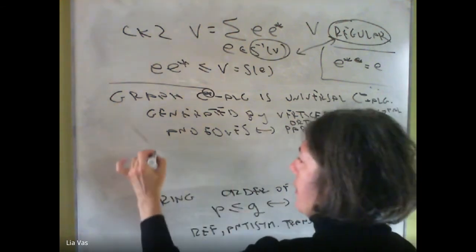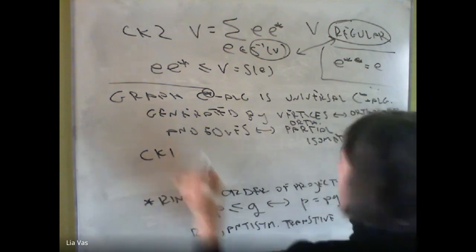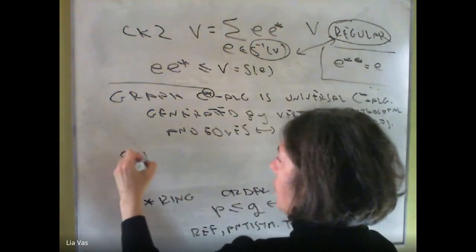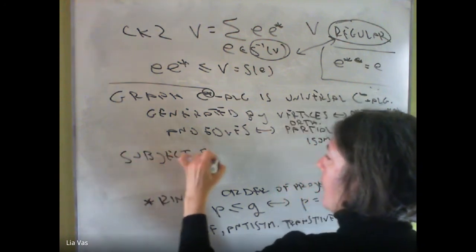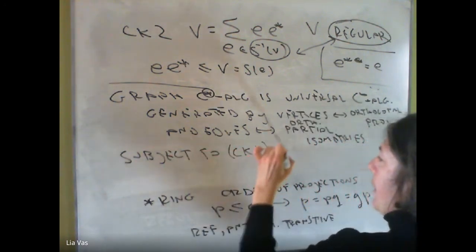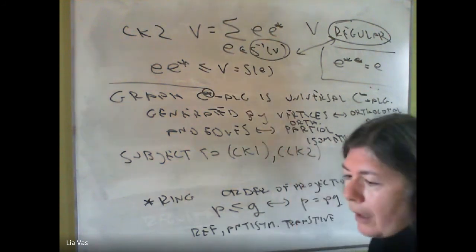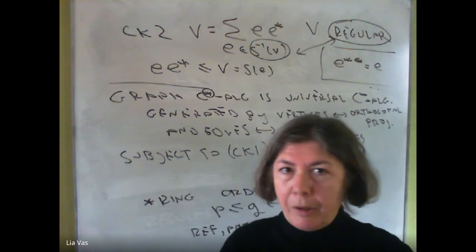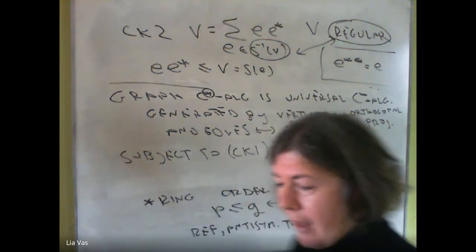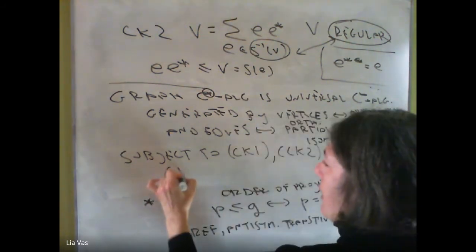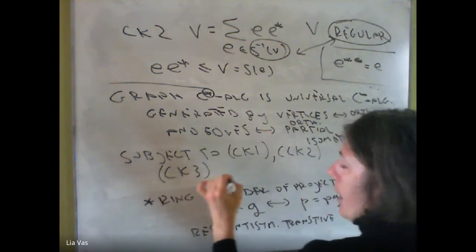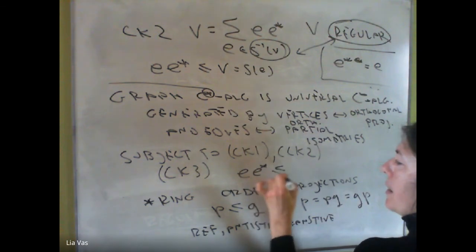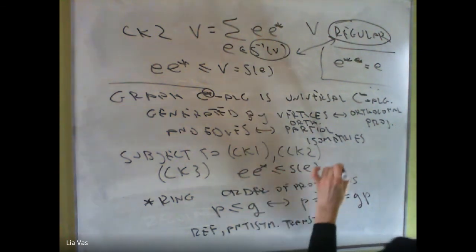I need to require CK1. Let's write down. So it's generated by this, subject to CK1, CK2. So CK1 and CK2 hold exactly as I told you what they are for Leavitt path algebra, same exact thing. And then we also have CK3, which is telling me that for every E, E star is less or equal to source of E.